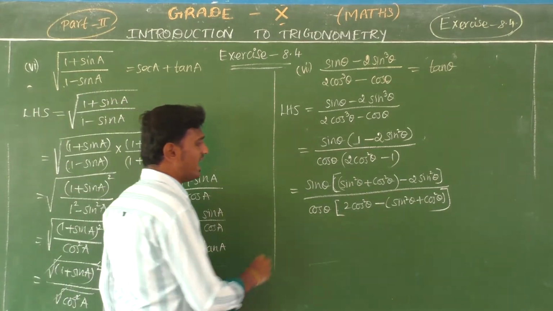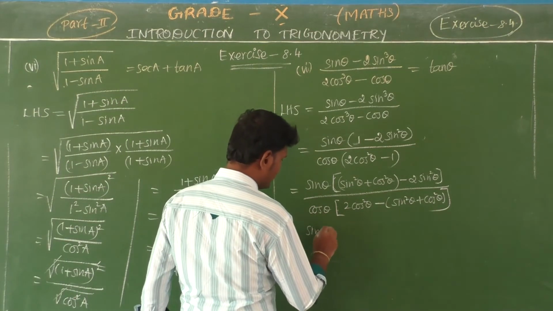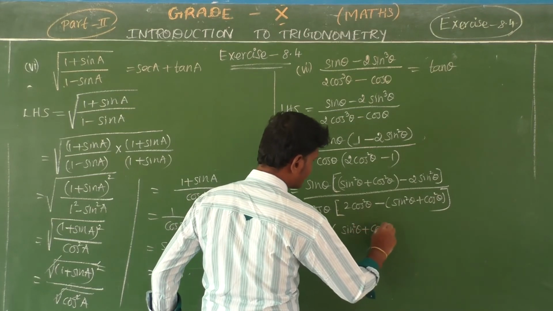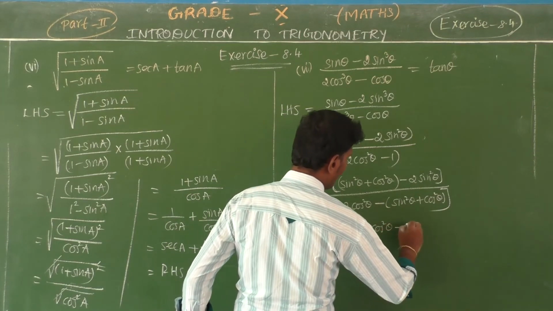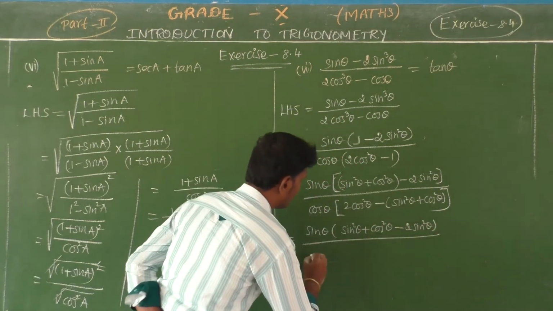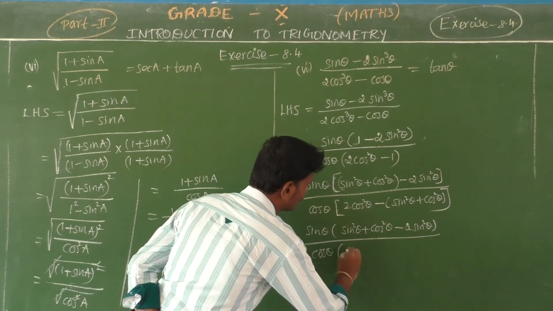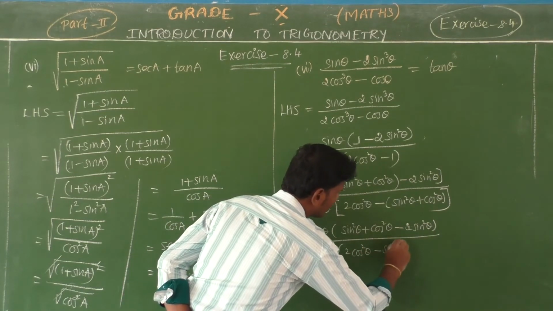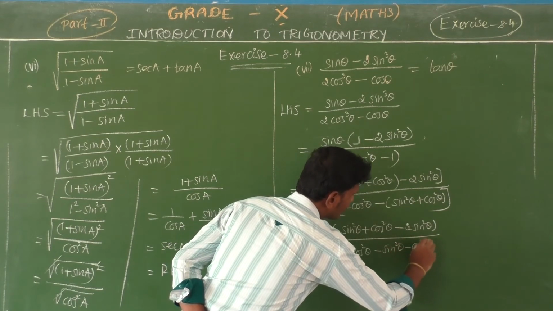So remove the bracket to get sin theta into sin square theta plus cos square theta minus 2 sin square theta, the whole divided by cos theta into 2 cos square theta minus sin square theta minus cos square theta.